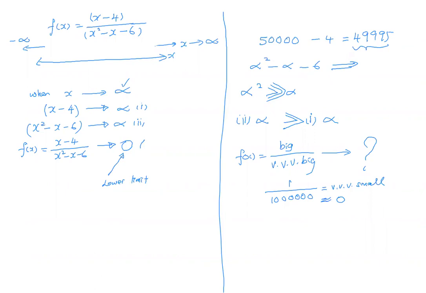So we say from above. That means the rest of the values of y are more than this value. So we say y equal to 0 is the horizontal asymptote.